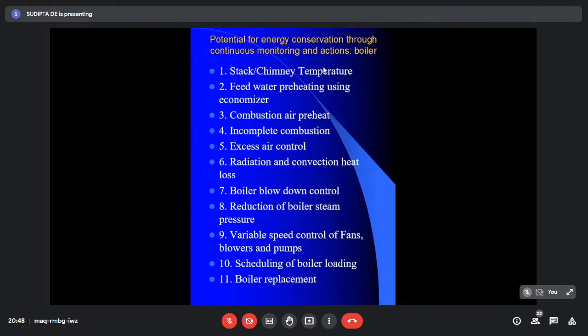This is done in the economizer of a boiler.